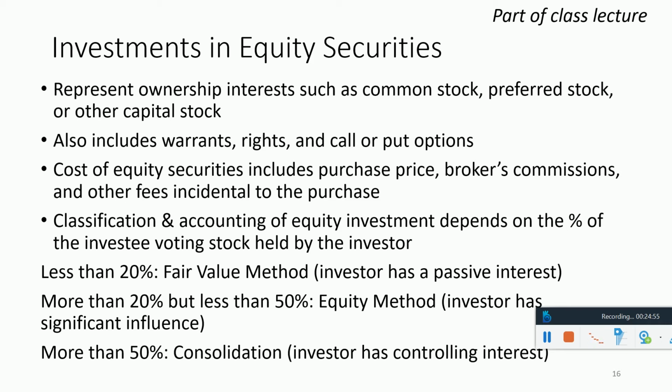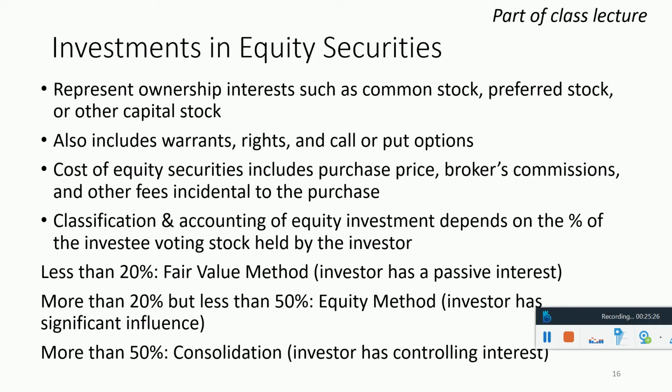An example of this would be Marriott buying McDonald's stock, or Marriott buying Apple stock, or Best Buy buying Target stock. Okay? When we talk about ownership interests, it can also include warrants, rights, and call or put options, but most frequently what we're talking about are buying other companies' common stock.